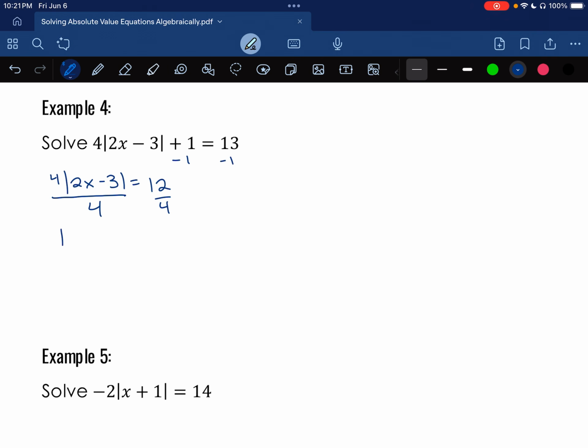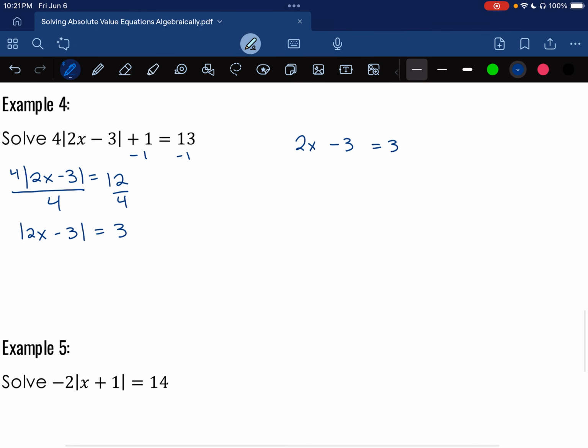So we're going to have the absolute value of 2x minus 3 is equal to 3. Now I can set up my two related equations. So I'll have 2x minus 3 equals 3, or I'll have 2x minus 3 equals negative 3. I'll have to solve both of those.